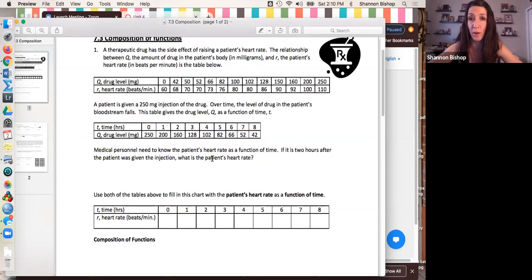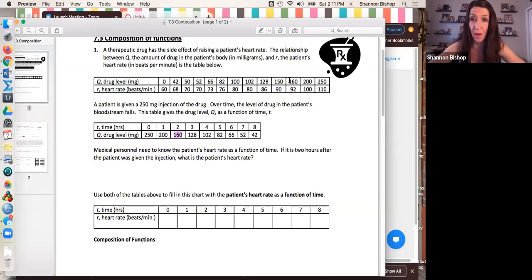So what do we know about 2 hours? Well, we know that after 2 hours, there would be 160 milligrams of that drug in my body. Okay, but the medical person needs to know what my heart rate is at that 2 hour mark. So if there's 160 milligrams in my body, then what should my heart rate be?